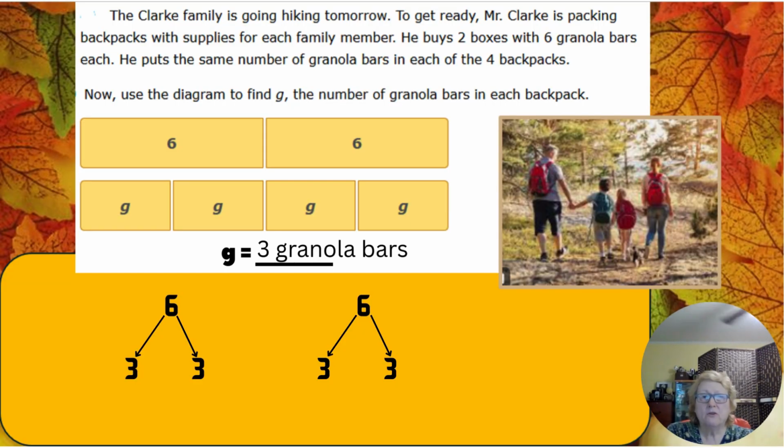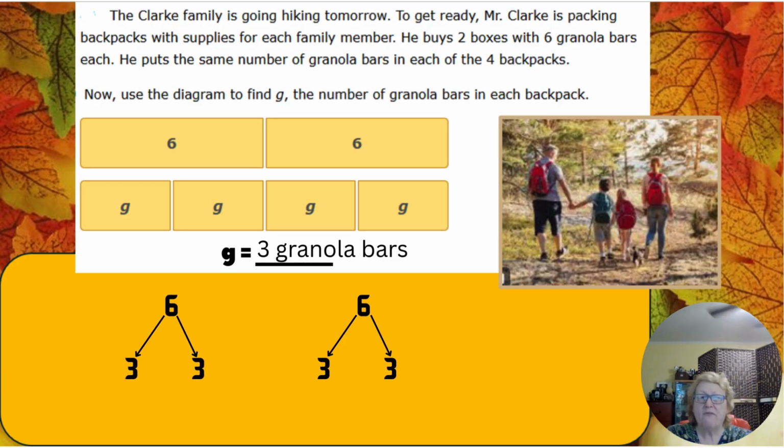So let's draw a picture. We have one box of 6 and we have another box of 6. Can you divide the number 6 equally into 2 groups? Yes, you can, and you know this from learning your multiplication facts.